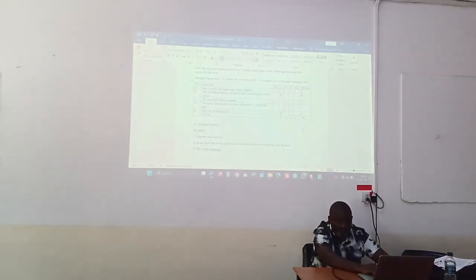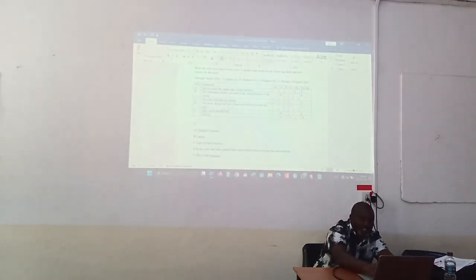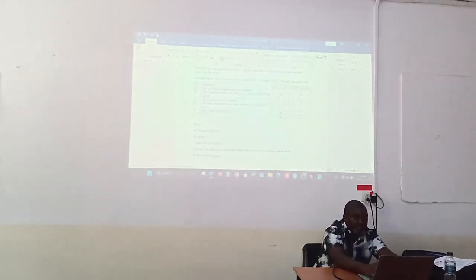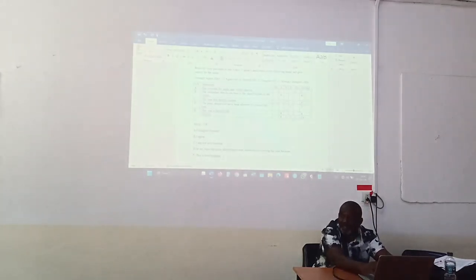What are we doing with 14? There are how many items here? 5, isn't it? So to find the average, or what do you call mean, the mean is 14 divided by 5.